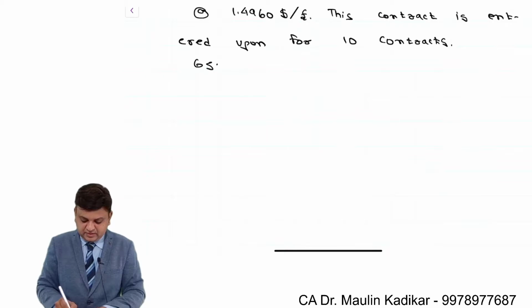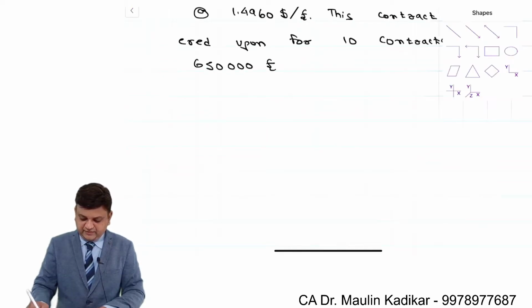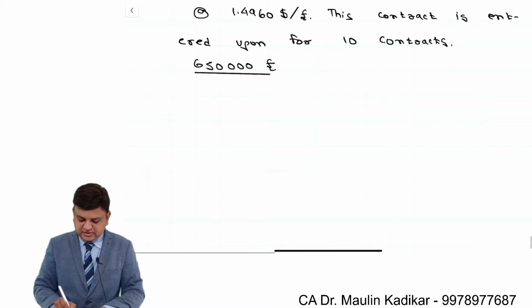In bracket write down 6,50,000 pound divided by 62,500 pound is equal to 10.4.